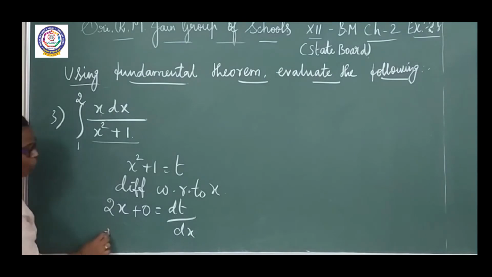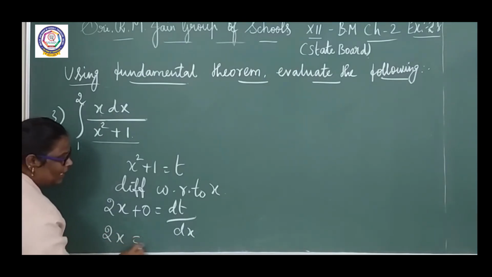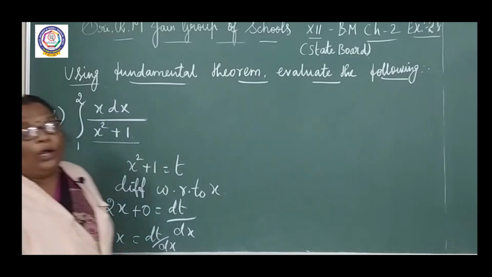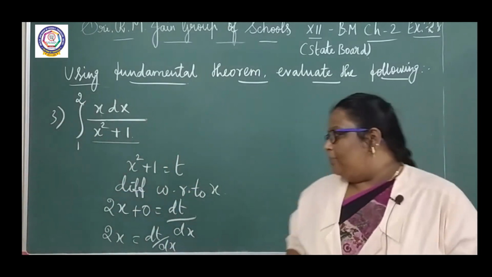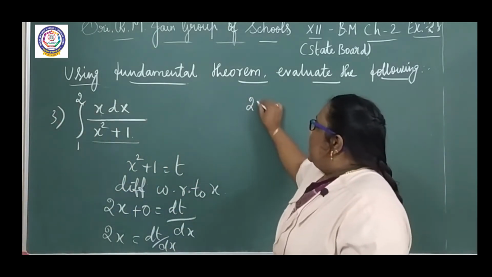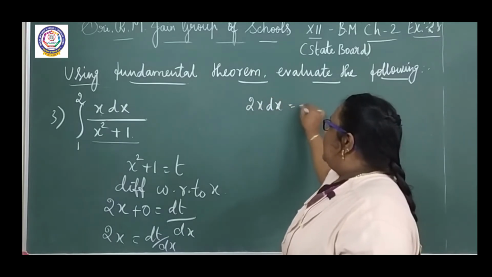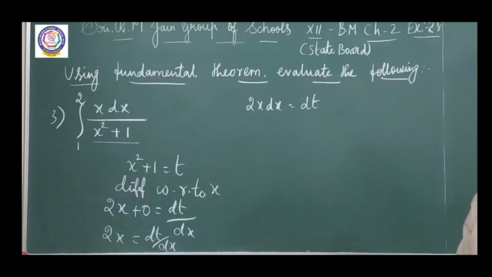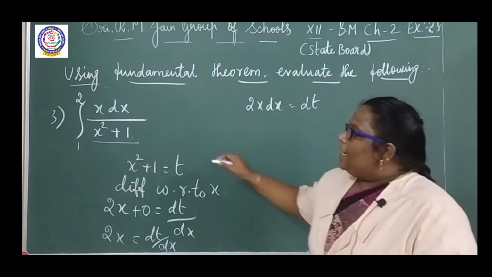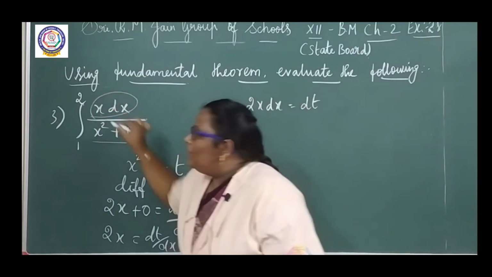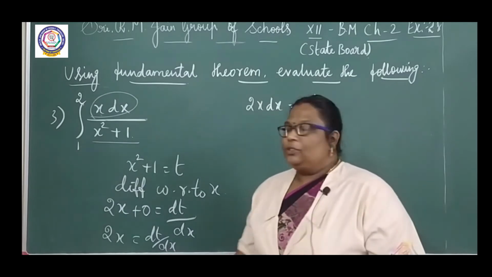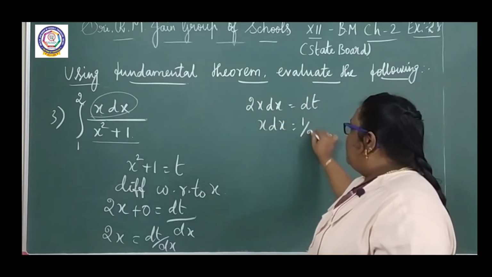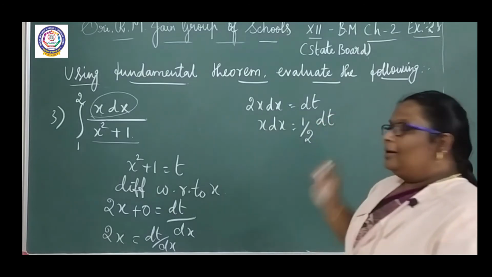So it gives 2x equal to dt by dx, 2x into dx equal to dt. We need x dx, because the numerator is x dx. So x dx equal to 1 by 2 dt.